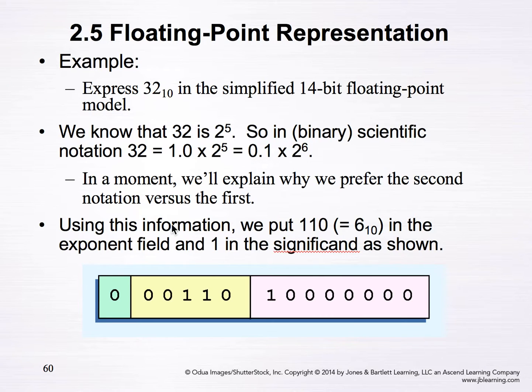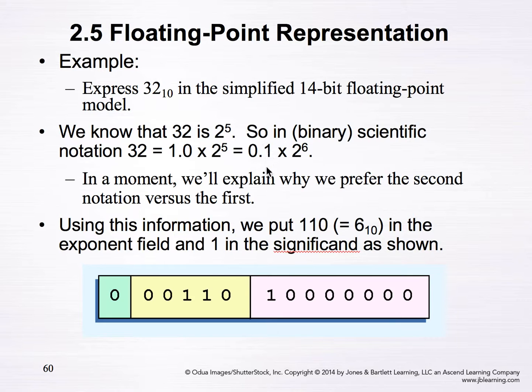Okay. So using this information, we will put 1, 1, 0. So that's the binary representation of the value 6. That's the exponent value right here in the exponent field. And the remaining bit right here is just padded with 0.